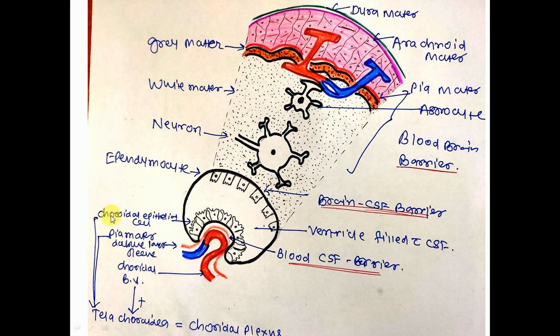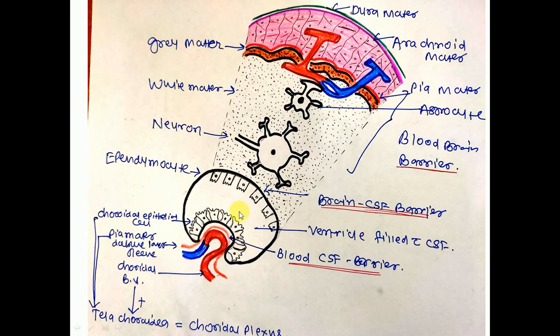In between the choroidal epithelial cells, as we can see, there is a tight junction. So it will allow only fluid-like material from the blood into the ventricular cavity. It does not allow the transport of protein and other large macromolecules. So that is the function of the choroidal epithelial cell. This is how the CSF is formed.